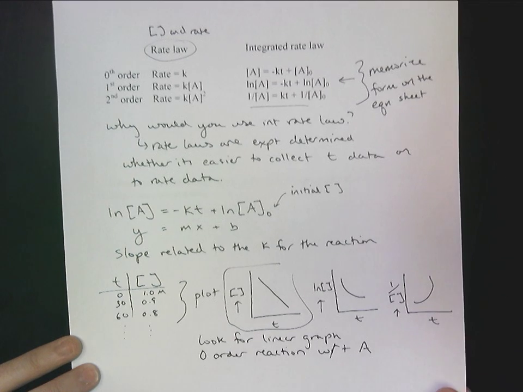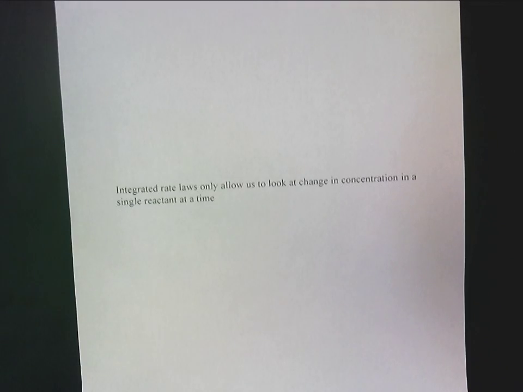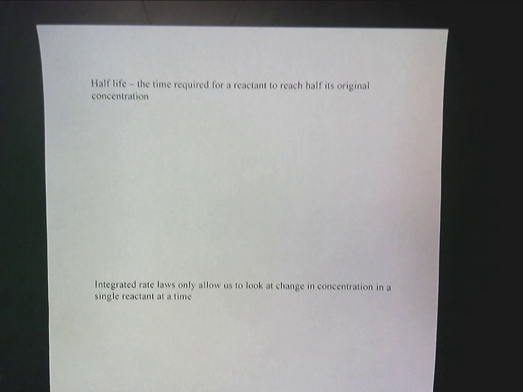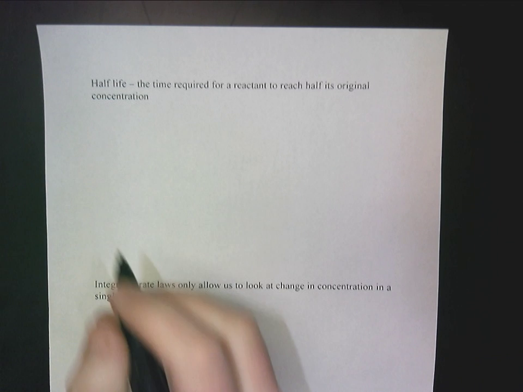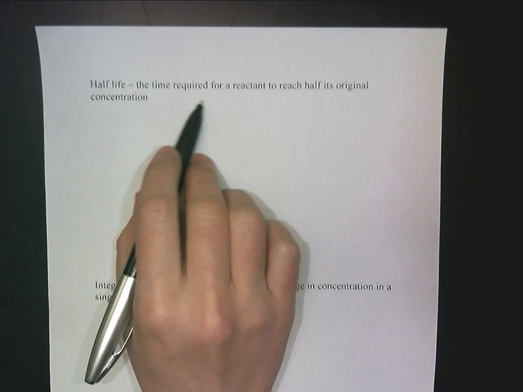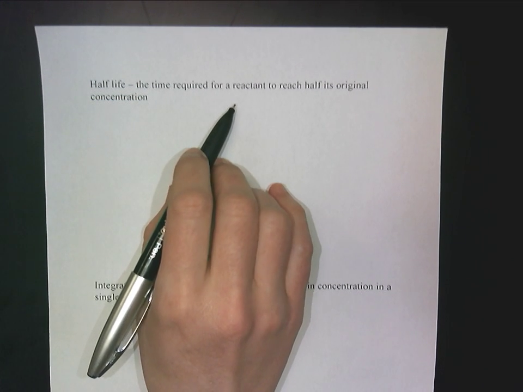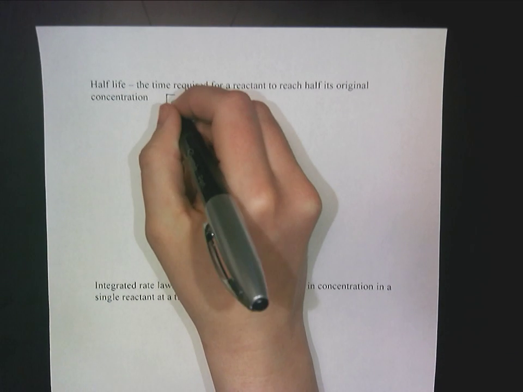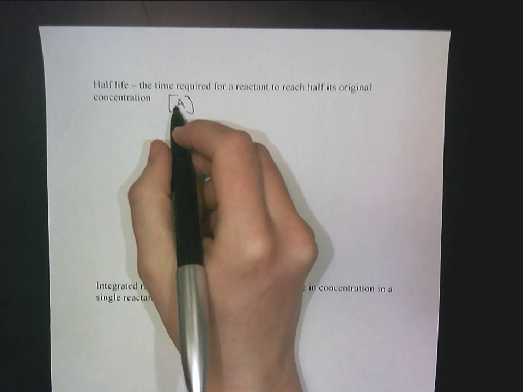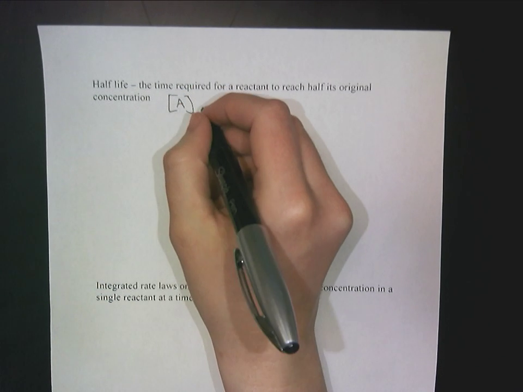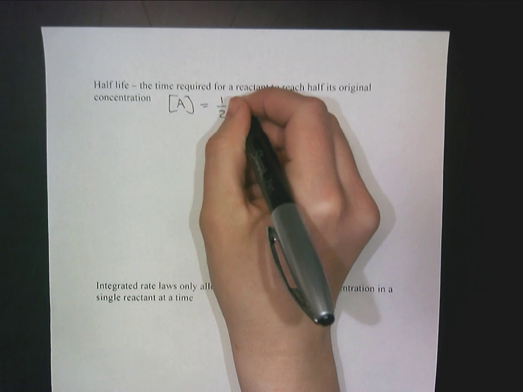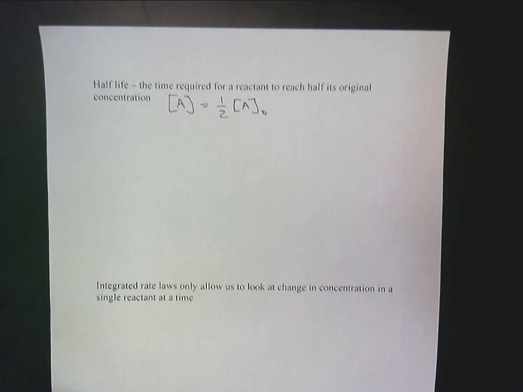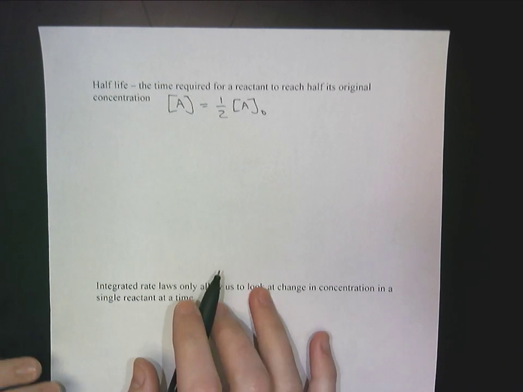Let's talk about half-lives. This is an interesting topic. We can use the integrated rate laws to look at half-life. Now, half-life is defined as the time required for a reactant to reach half of its original concentration. That can be expressed mathematically, in my generic equation, right? The concentration of A at the half-life is going to be equal to 1/2 of the initial concentration of A. Okay? This means that we can actually derive it from the integrated rate law equation.